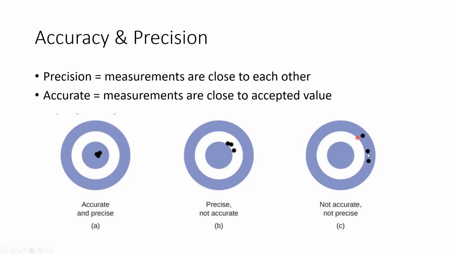And then with target C, now we don't have them particularly close to one another. They're not really close to the bullseye at all. They're in that furthest ring away. So this would be neither accurate nor precise. And just to give one more example, let's say we had points like this.